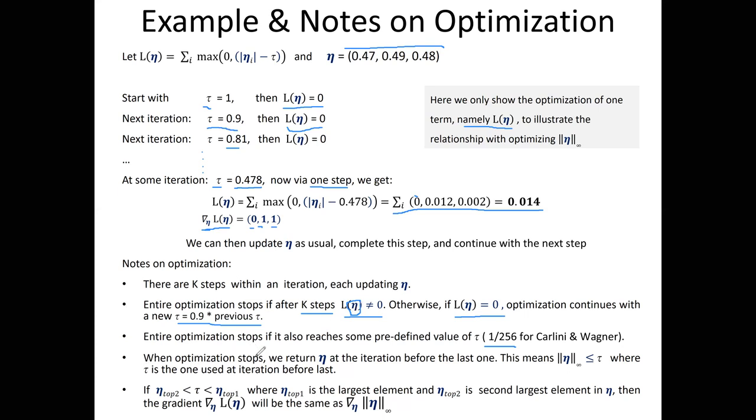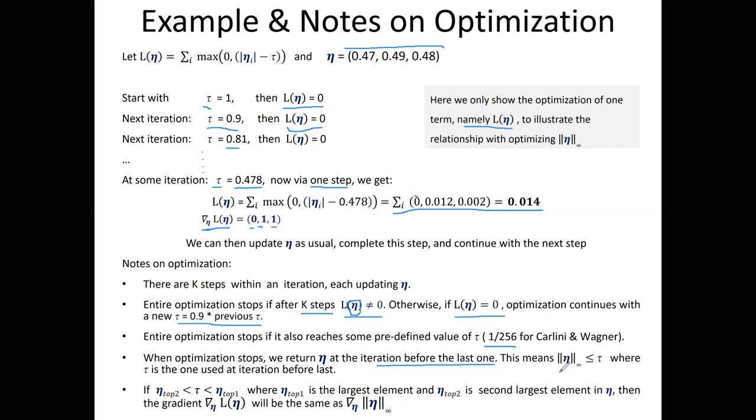Now, when the optimization stops, if you want to have a bound on the L infinity norm where you stopped, all you need to do is look at the eta at the iteration before the last one, because for that eta we know all the components were less than tau.